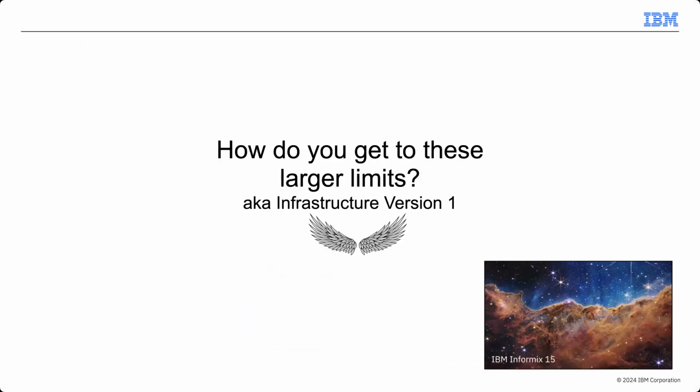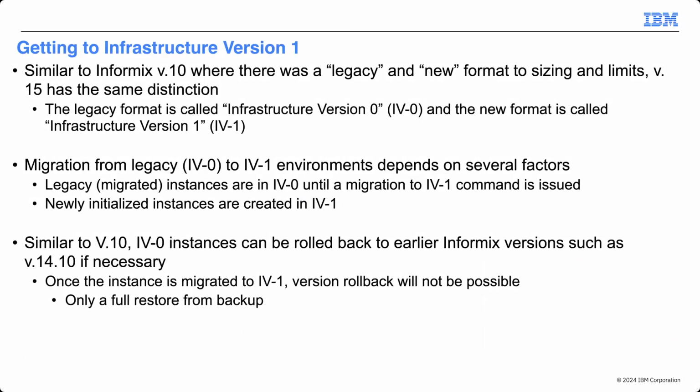Okay, so how do you get to these larger limits, or what we refer to as infrastructure version 1? First thing you need to know is that if you take an existing Informix instance and you migrate it to version 15 using an in-place migration process, which we'll talk about in a minute, it will come up in infrastructure version 0.